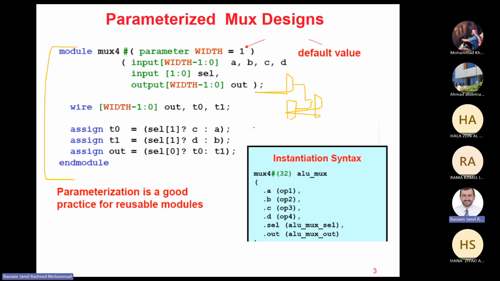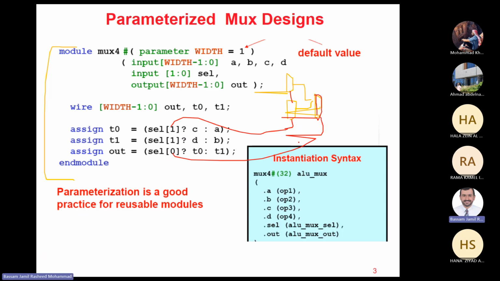In the first level of the multiplexer, the select signal is S1, and in the second level of the multiplexer, I have S0.